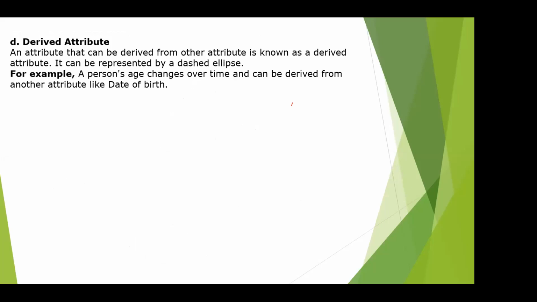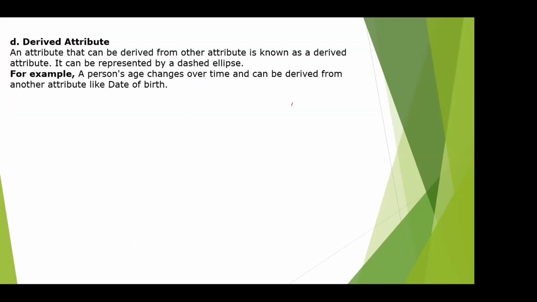This derived attribute is very, very important. Where do you know about derived from? Derived class, child class, parent class. We had these concepts in object-oriented programming, the inheritance concept. We define a class, and the variables and methods defined in the parent class are derived in the child class.